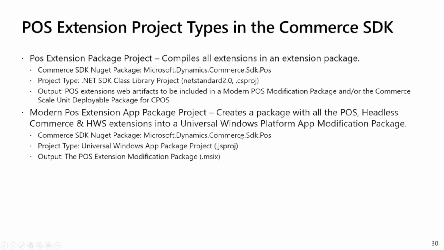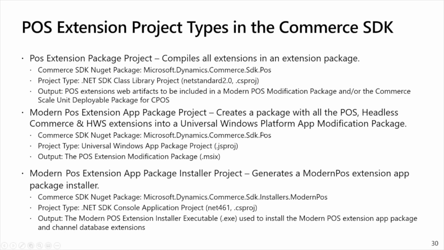And then the last project involved in modern POS development is the app package installer project. This is the project type that generates the executable to install modern POS, and that's the sealed installers that Mugunthan ran through a little bit earlier.